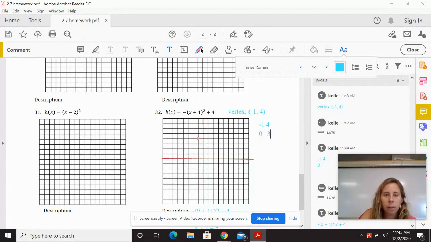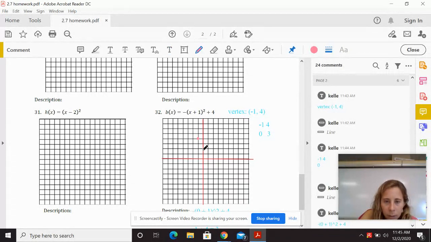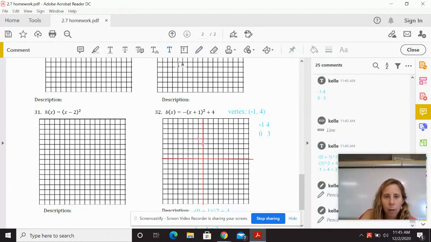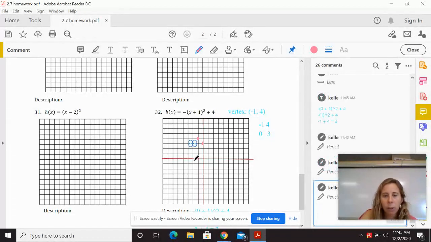Let me grab my pencil. So 0, 3. And then it has to be symmetrical. So on the other side, it's also going to be 3. If you want to substitute -2 into your equation to check your work, you can. You probably should.